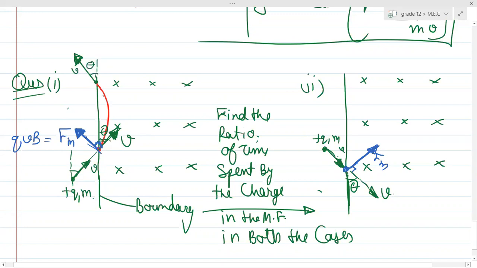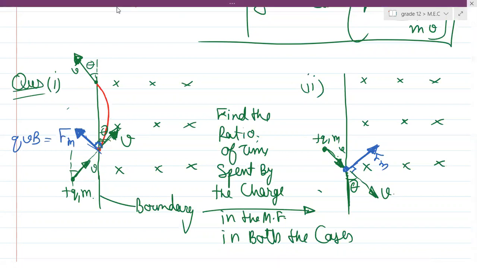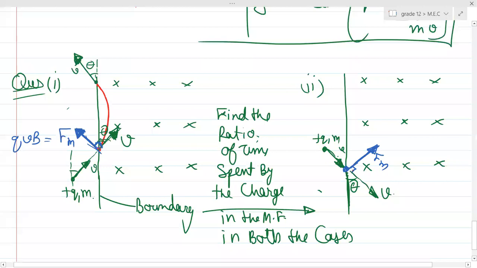So can you see this red part is basically the trajectory which is inside. Similarly, what will happen to the white one? It will go like this. Guys, did you understand what is the difference between both the cases?